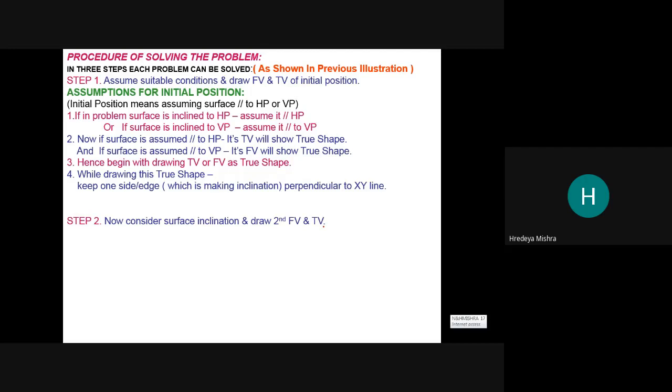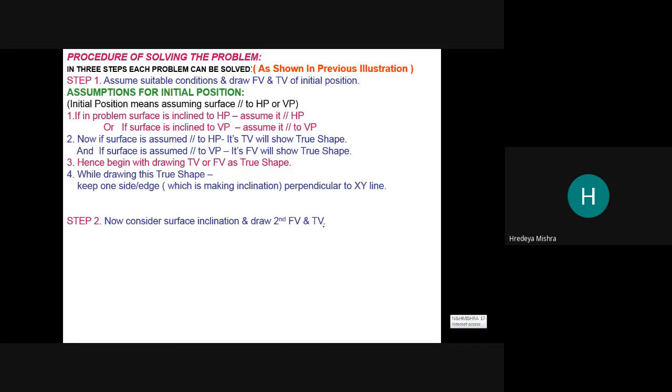Now step 2. Consider the surface inclination and draw the second top view and front view. In the initial condition we don't assume any inclination, but in the second front view and top view we assume that inclination.